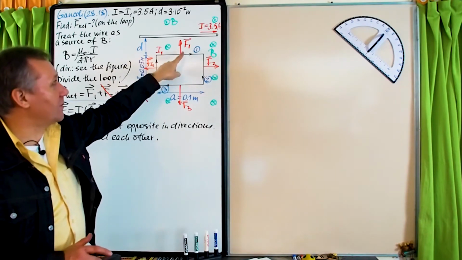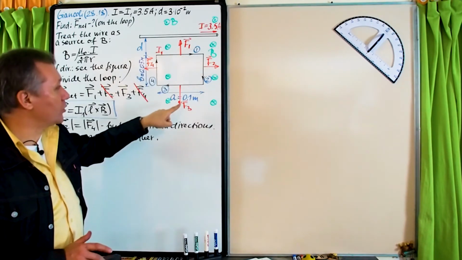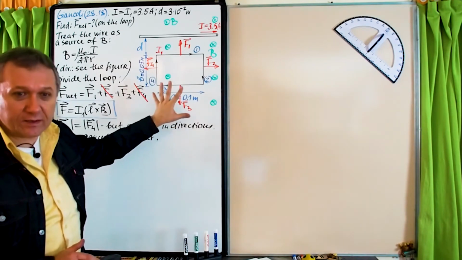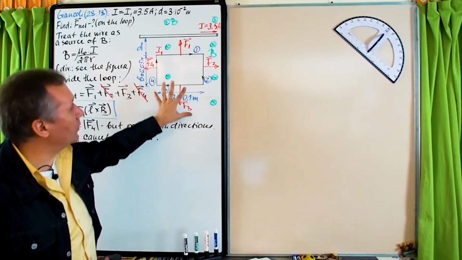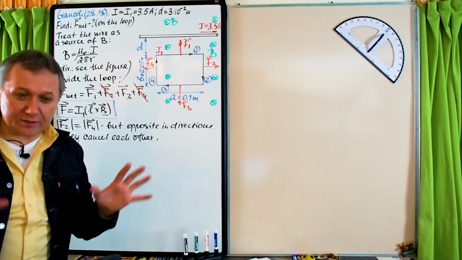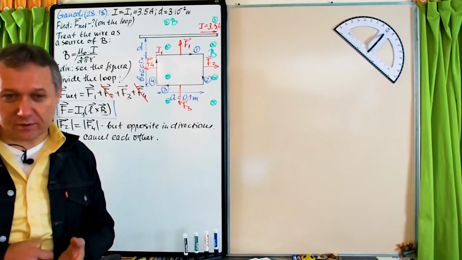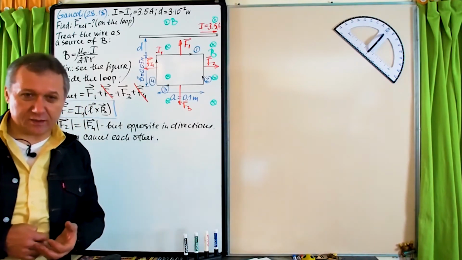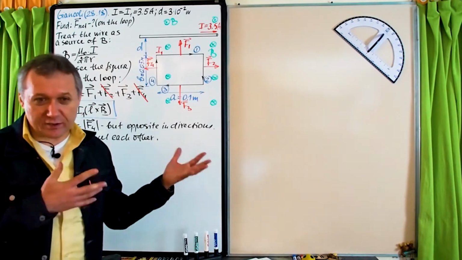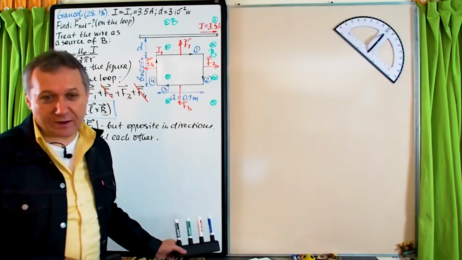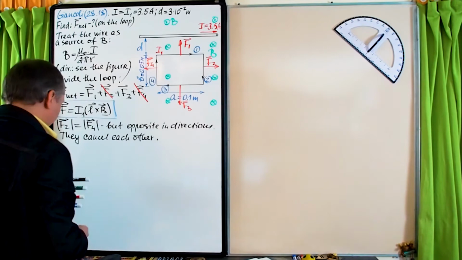As a result, magnetic force F1 is going to be stronger than F3, so the net force on the loop will be up. So basically now we can tell the direction of the net magnetic force, sort of conceptually. But now let's get to details and find the magnitude of F1 and F3.